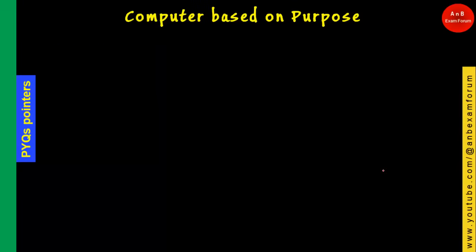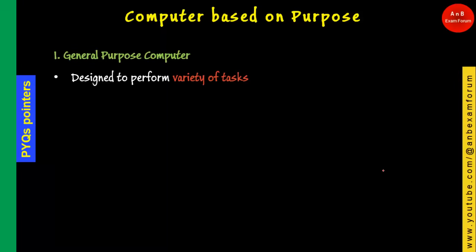Now let's classify the computer based on the purpose. The very first one, a very simple one, is the general purpose computer. As the word itself suggests, it is designed to perform a variety of tasks, and basically it is versatile in nature. As I told you in the previous chapter, versatile means which can do a variety of tasks.